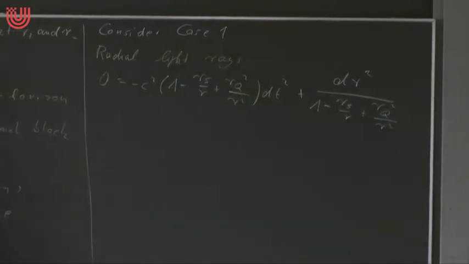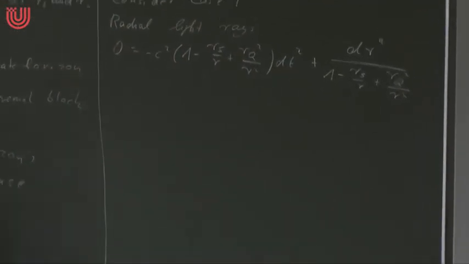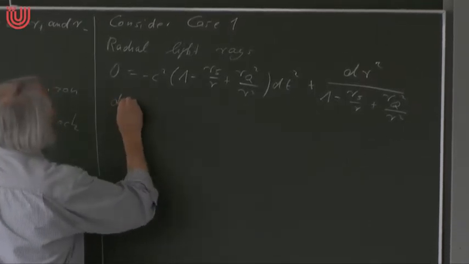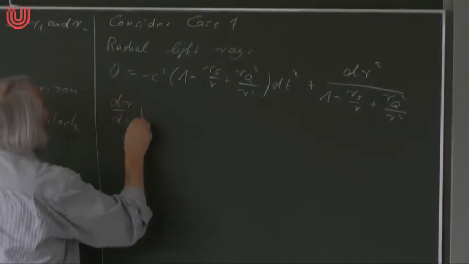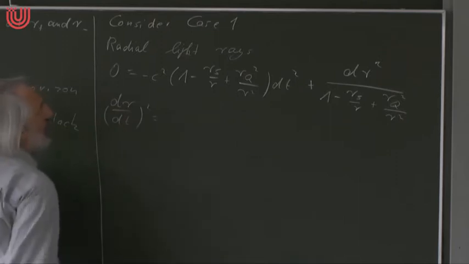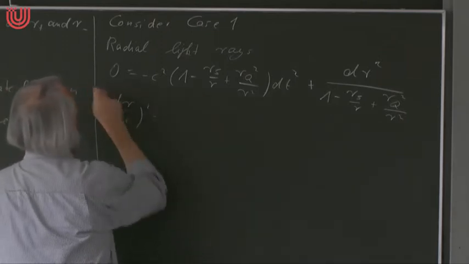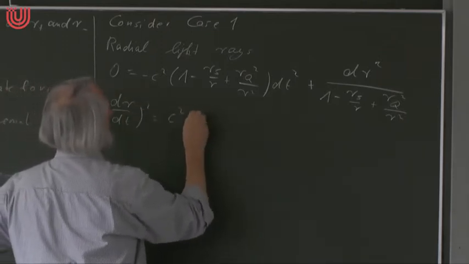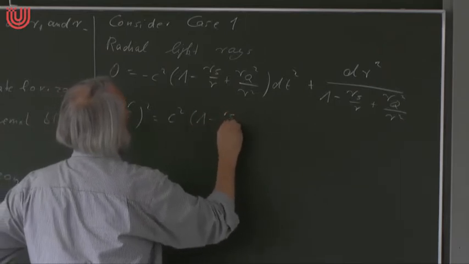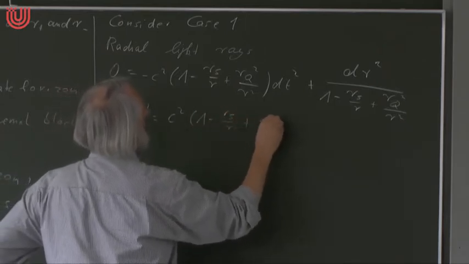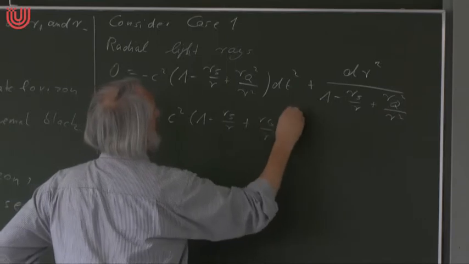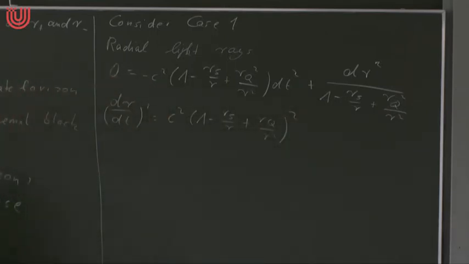And this gives me a differential equation for the radial geodesics. It gives me (dr by dt) squared is, this comes to the other side, then it is plus c squared (1 minus rs over r plus rq over r squared).